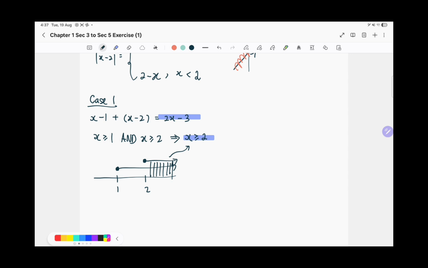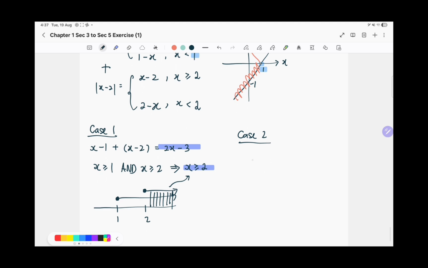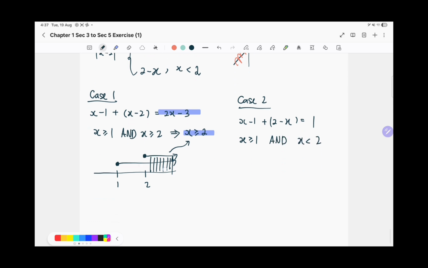So case one, case two. Case two, we take this one plus this. So x minus 1 plus 2 minus x, so you have a 1. The condition is greater than or equal to 1 and less than 2.